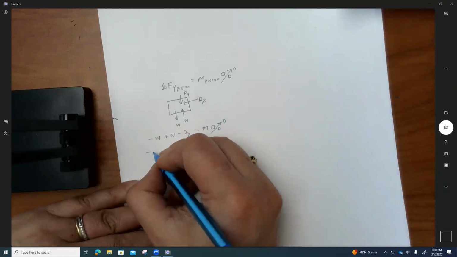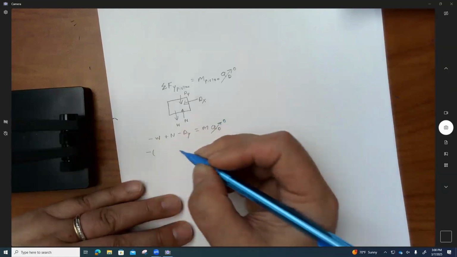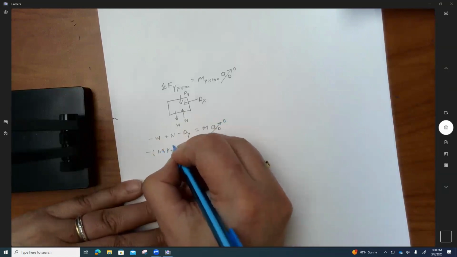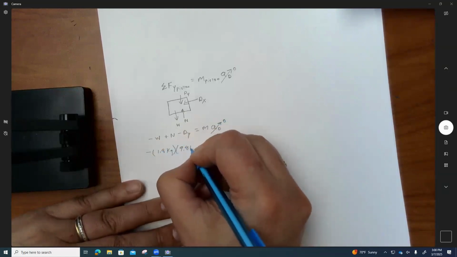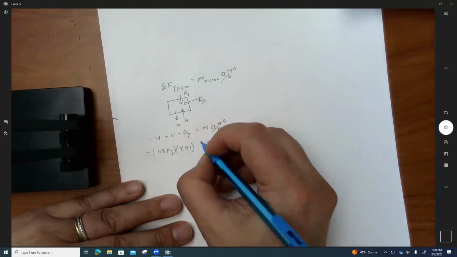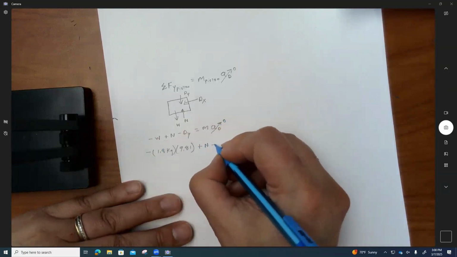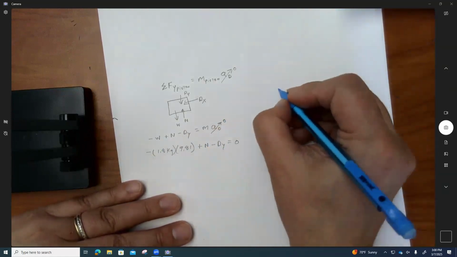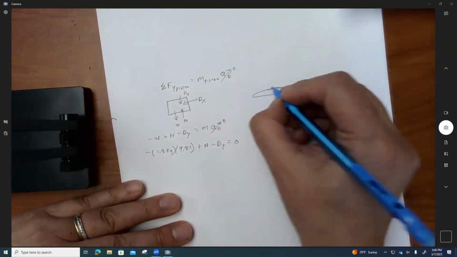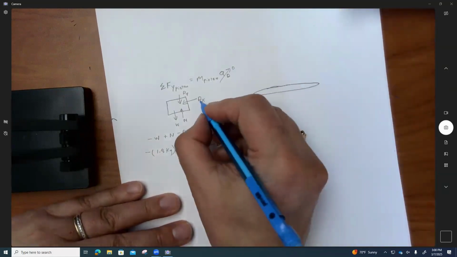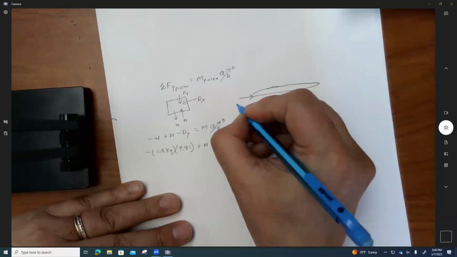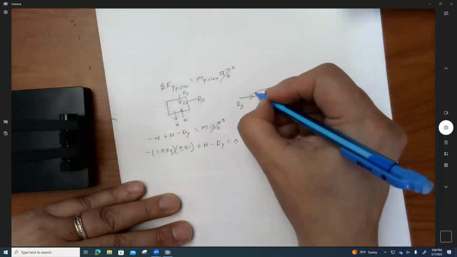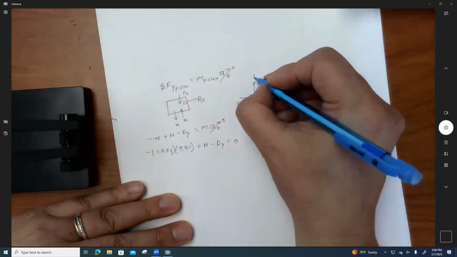We're left with the weight of the piston, and the piston was 1.8 kilograms. And so we need to multiply that by 9.81 to get it into newtons, plus N minus Dy equals 0. And this is just your statics, another frames and machines type of problem. Equal and opposite. So our Dx was going this direction. Our Dy is going down here. It has to go up here. Dy.